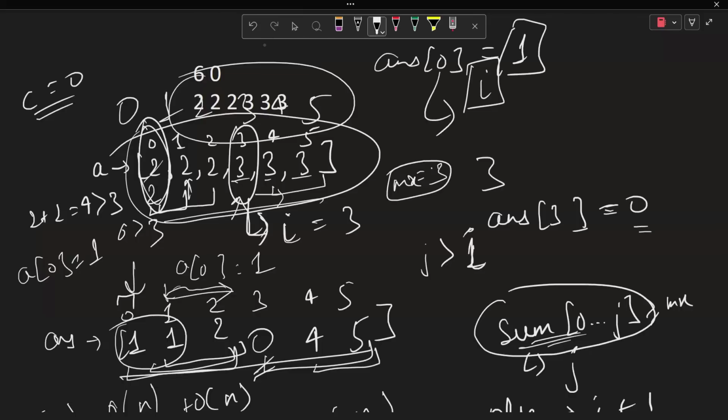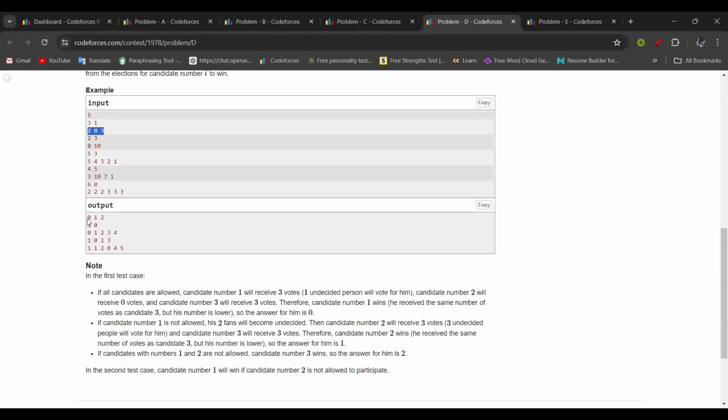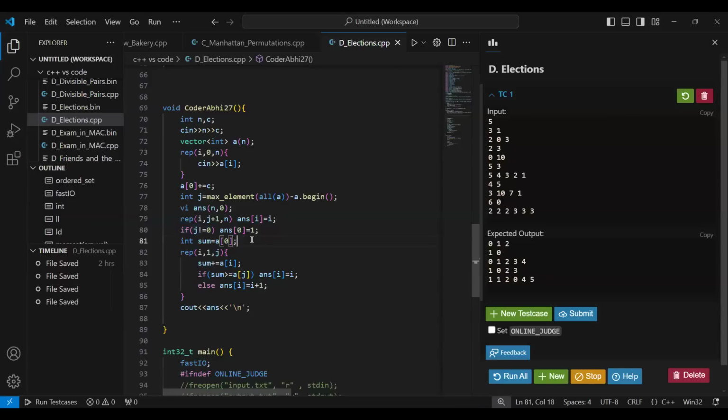But if our initial answer is only the 0th index, we would have 0 here. As you can see in the first test case, we would have 0 here and 0 1 2. Here also we had 0 here, 0 1 2. So whenever the first element is our initial answer, we will have just 0 1 2 3 4. So in that case, if j is not equal to 0, we assign answer 0 as 1. If j was 0, we would have answer 0 as 0 already assigned.